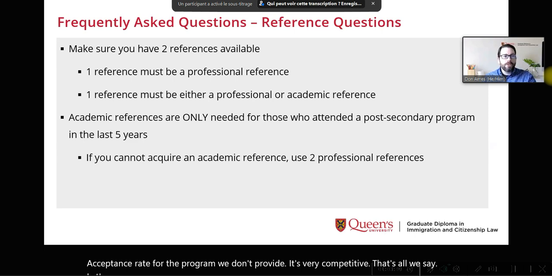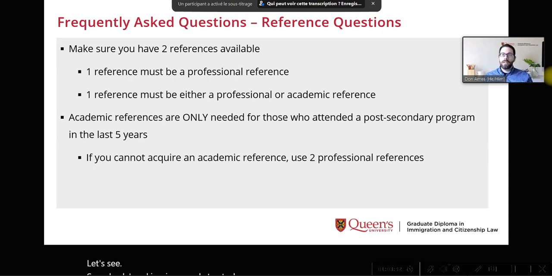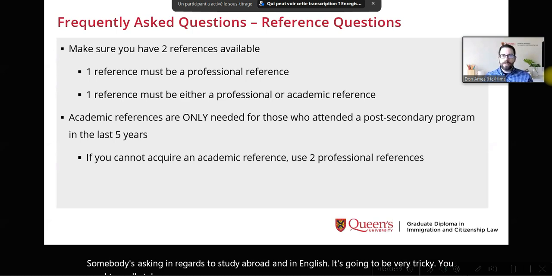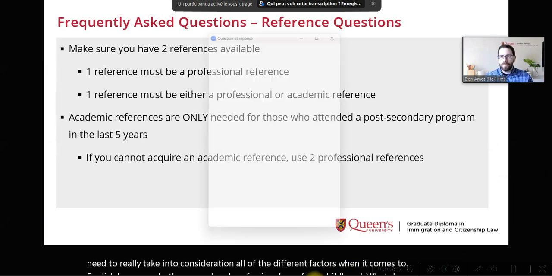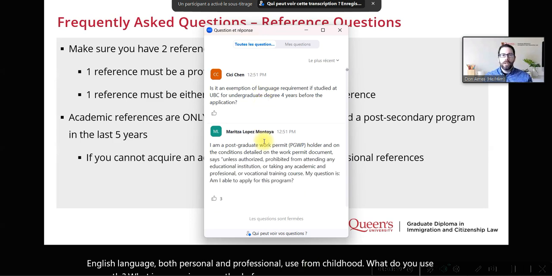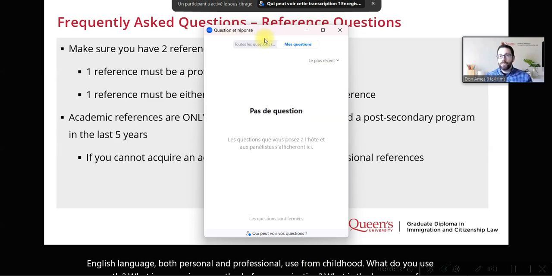Somebody's asking in regards to study abroad and in English. It's going to be very tricky. You need to really take into consideration all of the different factors when it comes to English language, both personal and professional use from childhood. What do you use currently? What is your primary method of communication? What is the language of choice when it comes to what you studied in?